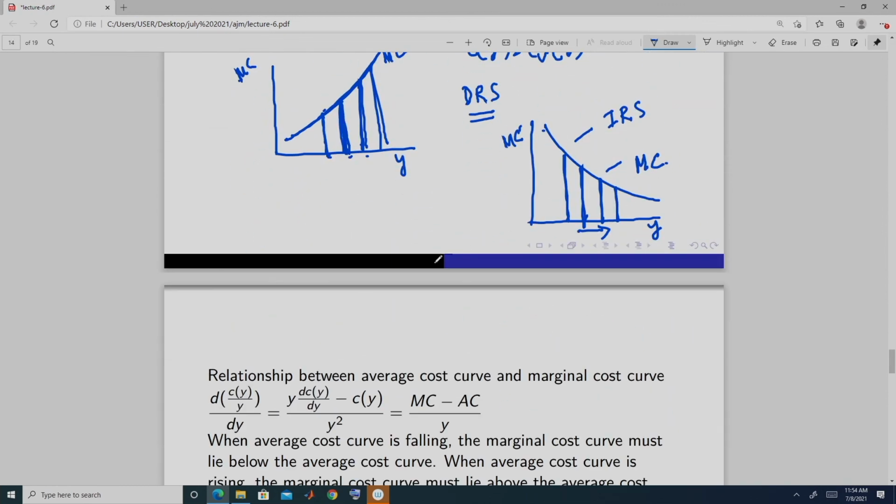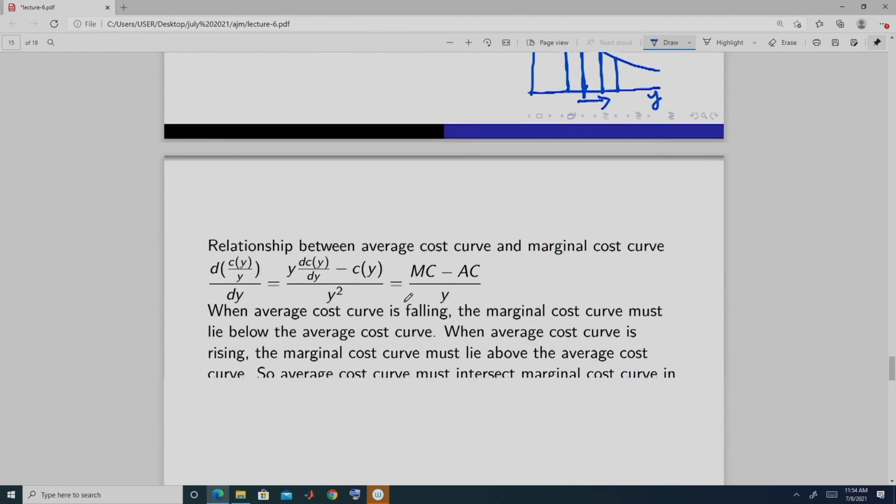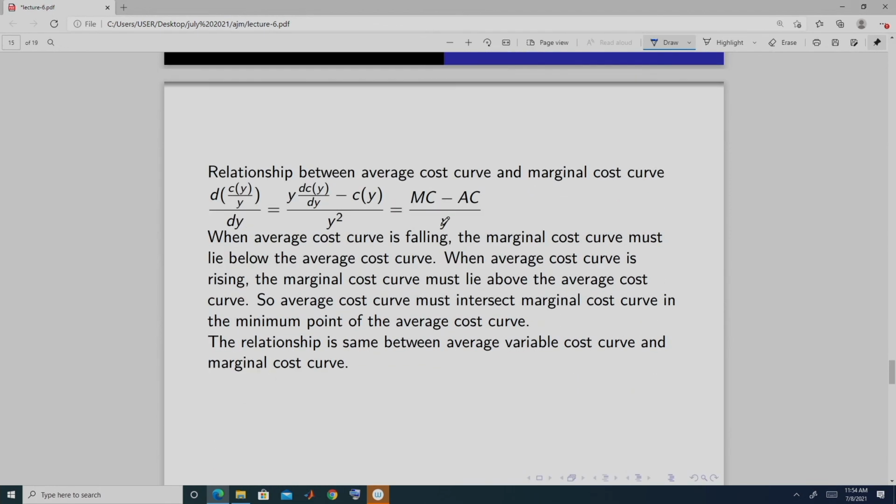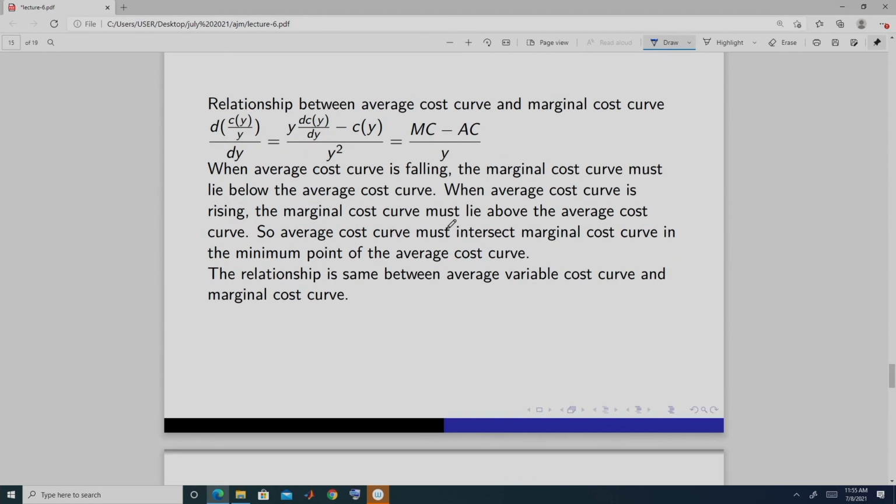Now, we look at the relationship between marginal cost and the average cost. If you look at this, this is the derivative of the average cost with respect to output. So, this portion is positive when marginal cost is greater than average cost.